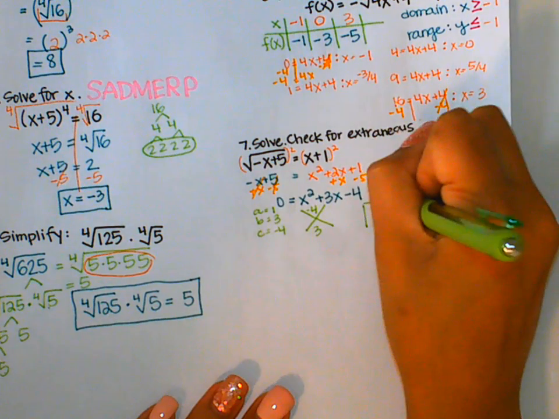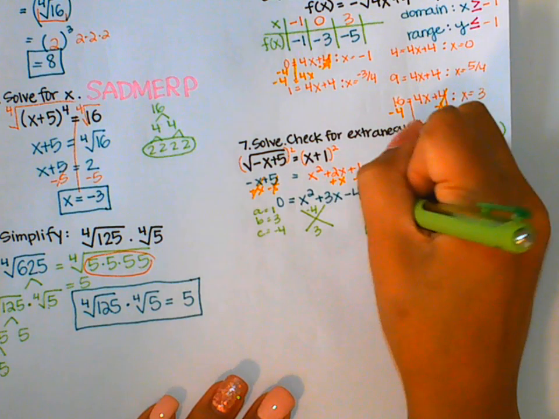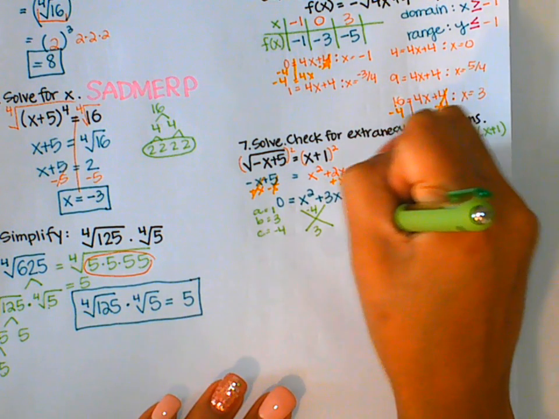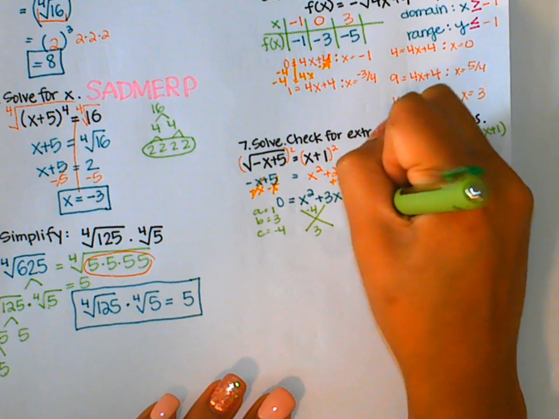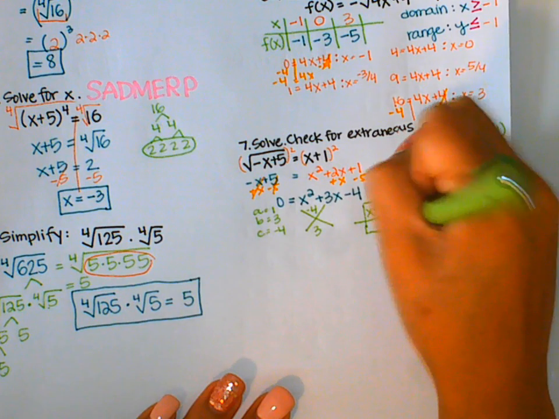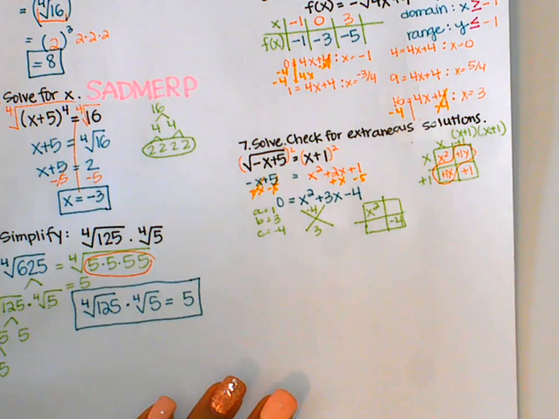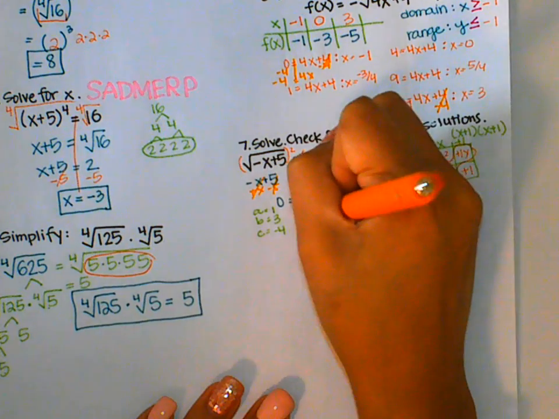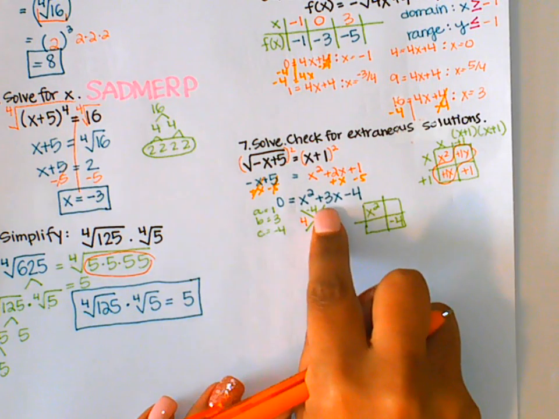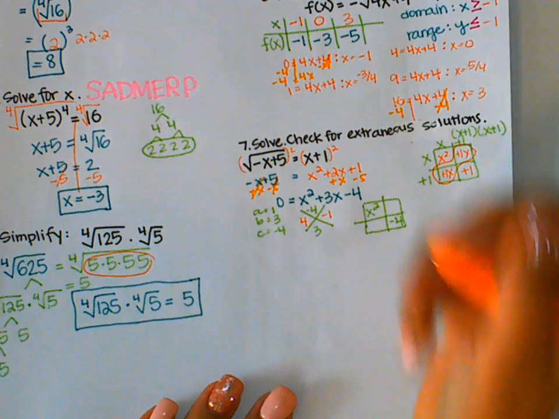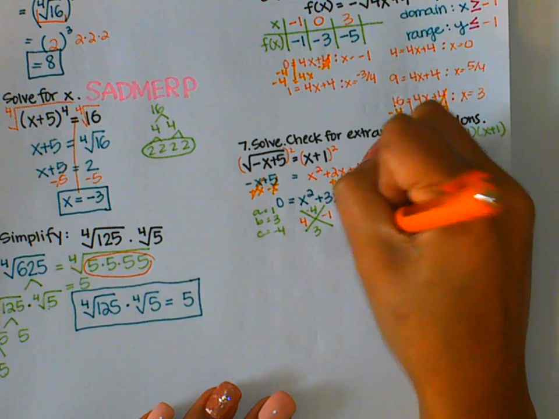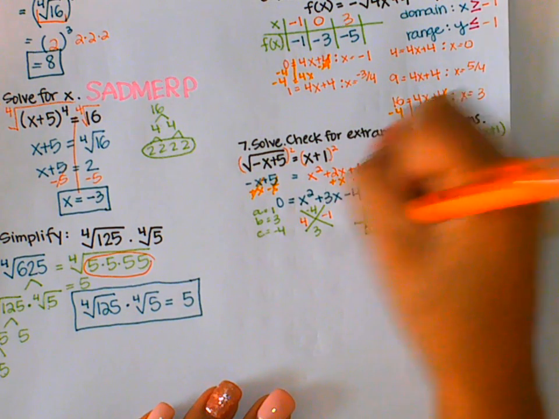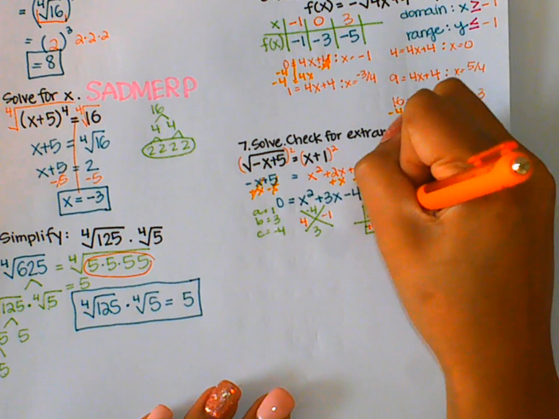I'm just going to draw my area model now because I'm using the green. So in the first box, I'm going to use that first term. In the last box, I'm going to use the last term. So two numbers would be 4 and negative 1. Multiply to give me negative 4, but add to give me a positive 3. And then I can, oops, that's a plus, and that's a minus.